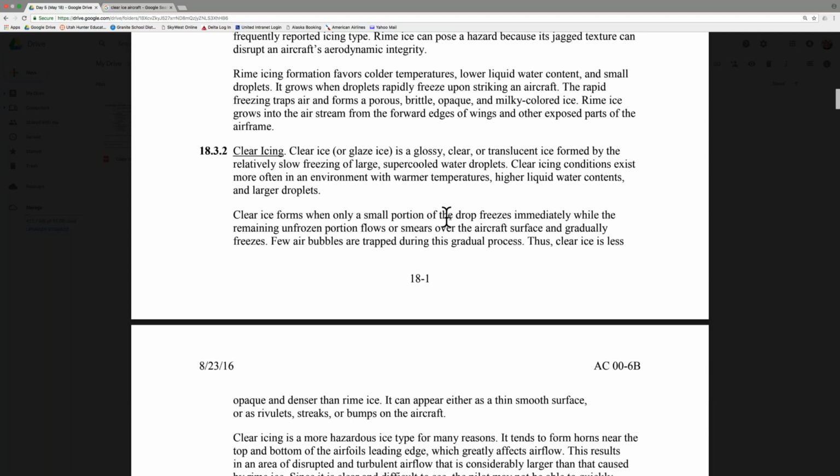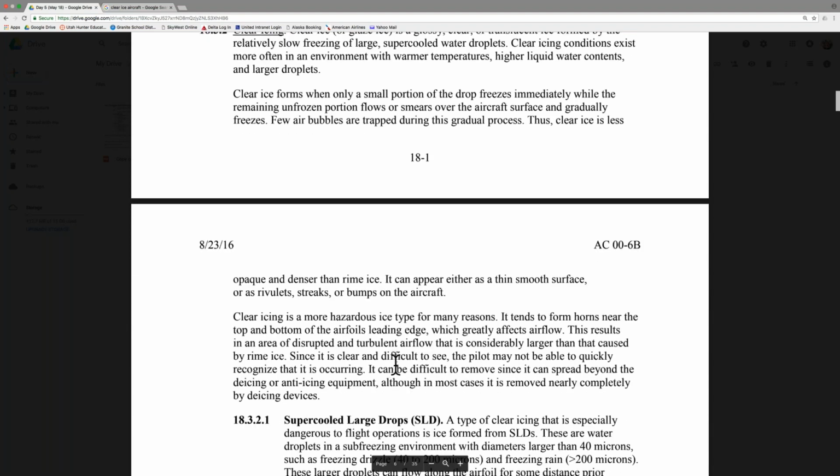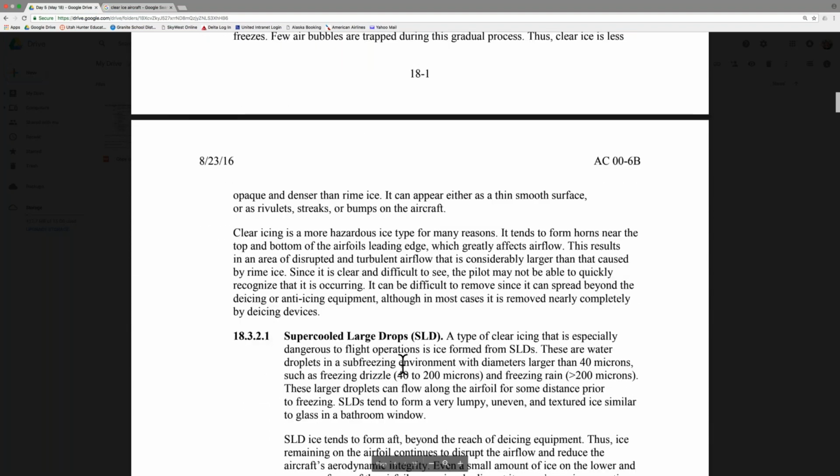It forms when only a small portion of the drop freezes immediately, while the remaining unfrozen portions flow or smear over the aircraft surface and gradually freeze. Few air bubbles are trapped during this gradual process. Thus, clear ice is less opaque and denser than rime ice.